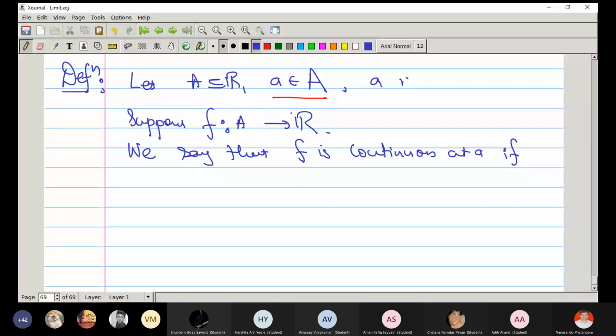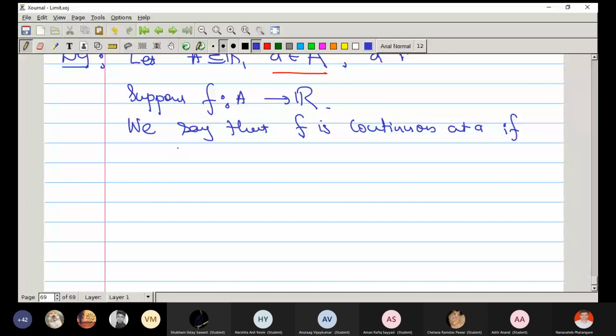what should I say in the definition now? How to make the definition? f is continuous at a if, please complete the sentence. Limit of x tends to a f of x is equal to f of a.